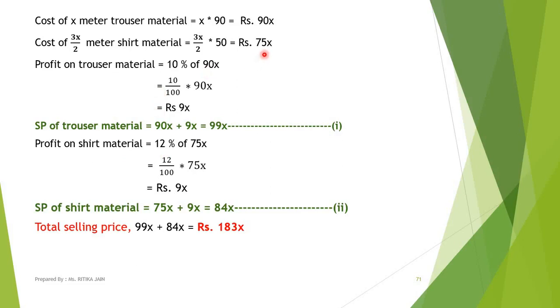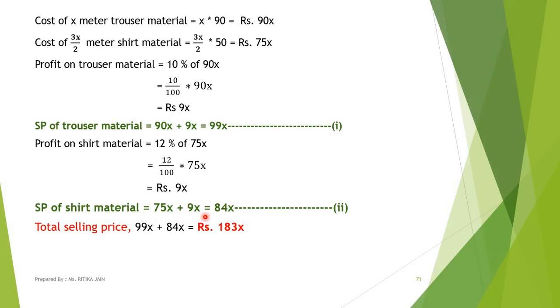What is the cost price of shirt material? 75x. So similarly, we will calculate the amount of profit on it. So 12/100 into 75x. It will give you again 9x. So the total selling price of shirt material will be cost price plus profit. So 75x plus 9x equals 84x.